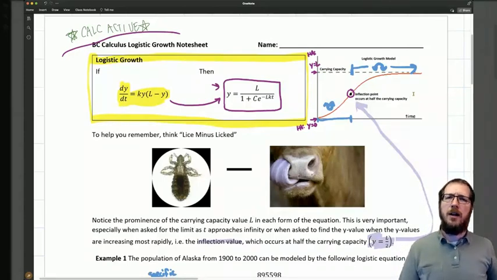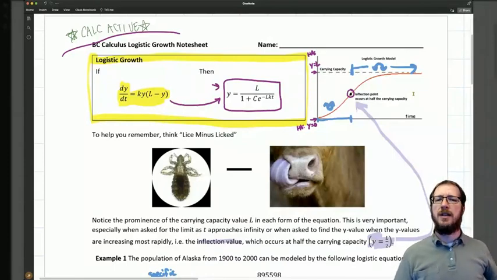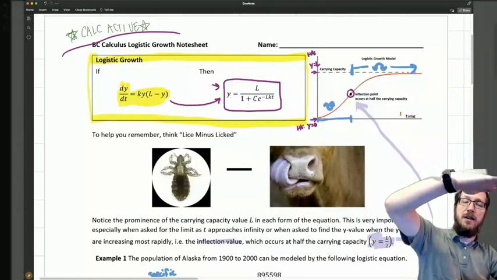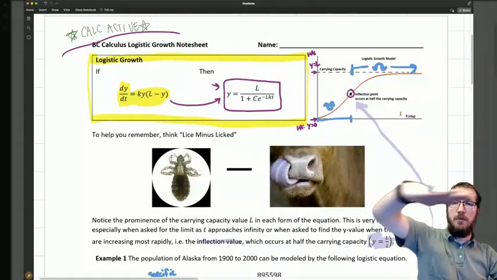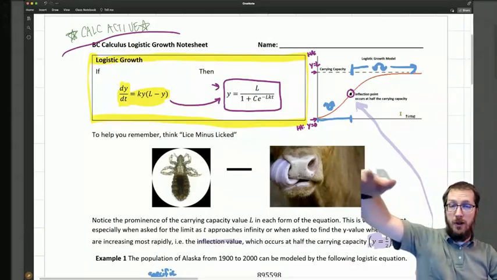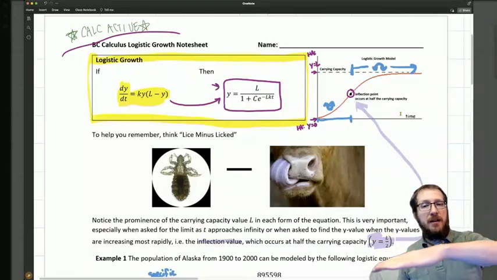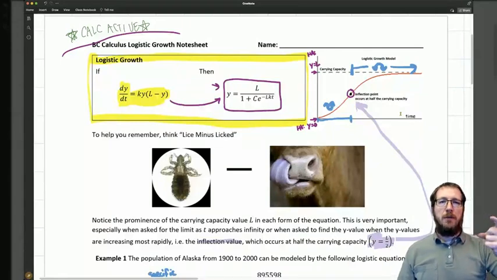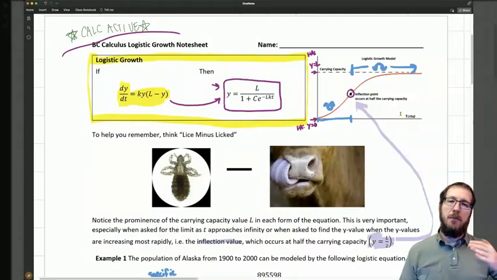Just a reminder of what a logistic graph looks like. It's going to be important for visualizing some of these problems where we've got the upper bound that's a horizontal asymptote. That's going to be y equals L, that numerator. And then the lower bound is going to be y equals 0. So this is one of those few bounded functions where it's bounded above and below.